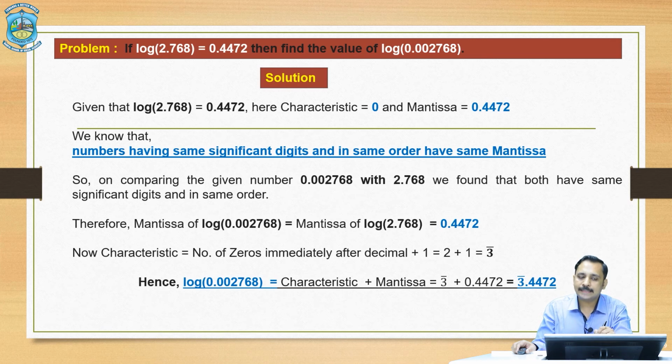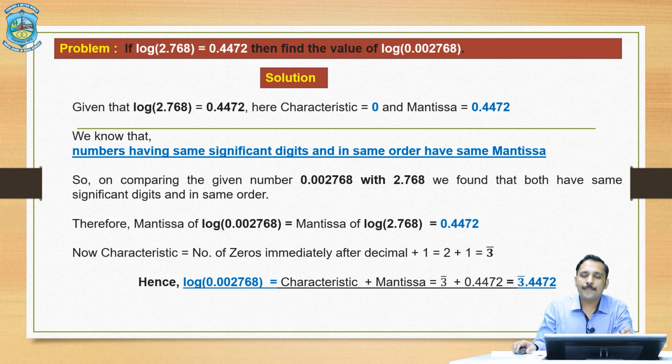Now the next problem. If log of 2.768 is equal to 0.4472, then find the value of log of 0.002768. The mantissa is 0.4472. We know that numbers having same significant digits and in same order have the same mantissa.